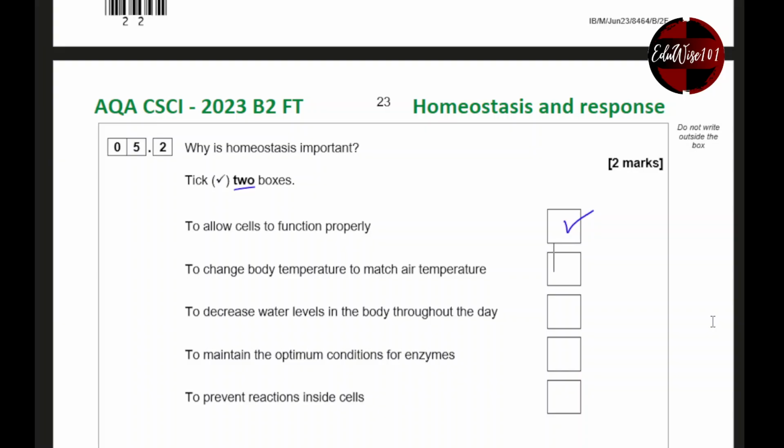To change body temperature to match air temperature, not necessarily. To decrease water levels in the body throughout the day, no. To maintain the optimum conditions for enzymes, yes. Optimum conditions are mainly to do with maintaining a correct pH level and the temperature.